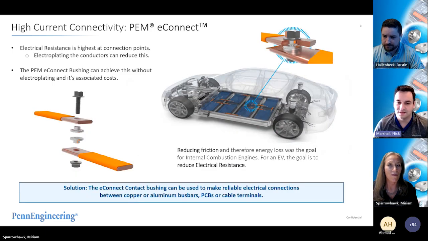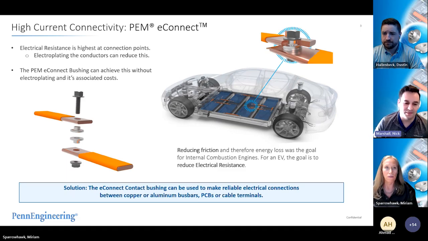Great, thanks, Dustin. Like Miriam mentioned, I'm Nick Marshall. I'm a product manager and my specialty is in these electrical products that we are currently in the process of releasing and bringing into the market in many cases. One of the big reasons that we are focusing on this segment is that with this change from internal combustion engines to EVs, the power transmission requirements within these vehicles is changing drastically.